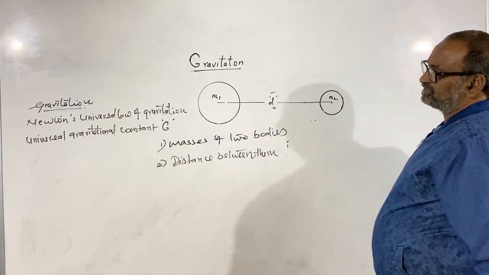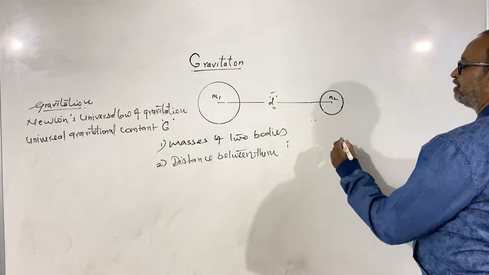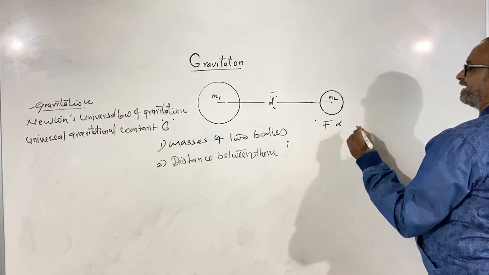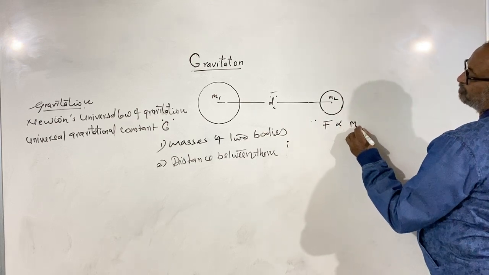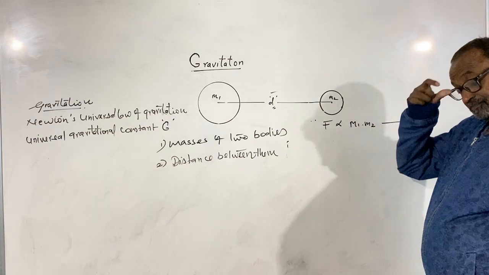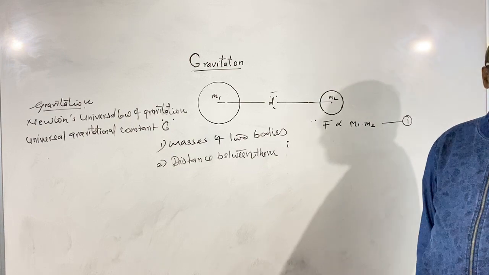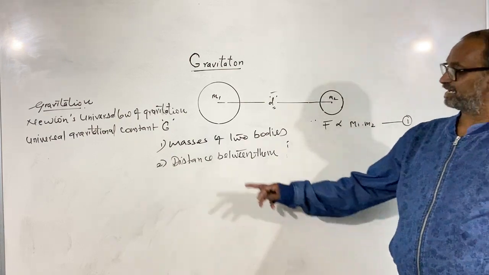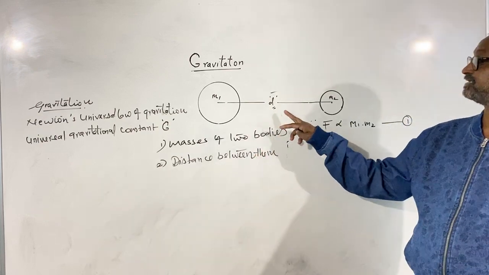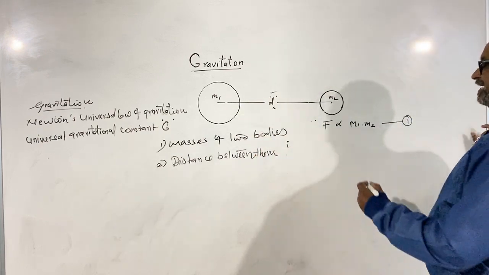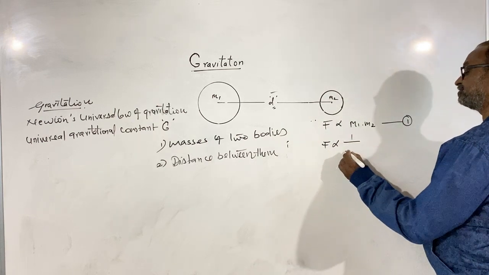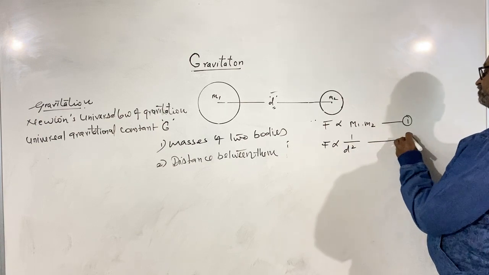Now, according to Newton's law of gravitation, gravitational force between two bodies is directly proportional to the product of the masses of the two bodies. Right? And the second part, the gravitational force between two bodies is inversely proportional to the square of the distance between them. That is, F is inversely proportional to the square of the distance between them.